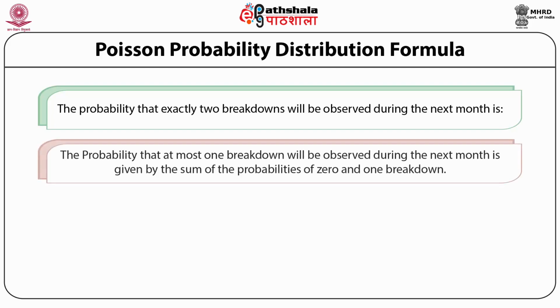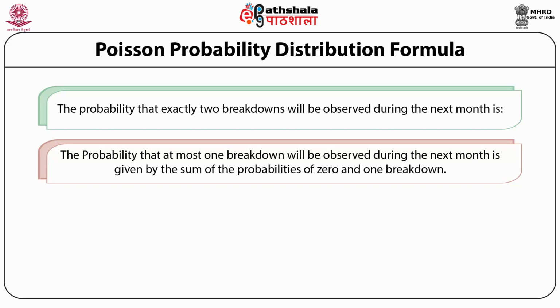B. The probability that at the most one breakdown will be observed during the next month is given by the sum of the probabilities of 0 and 1 breakdown. So, probability that x takes value 0 plus probability that x takes value 1.